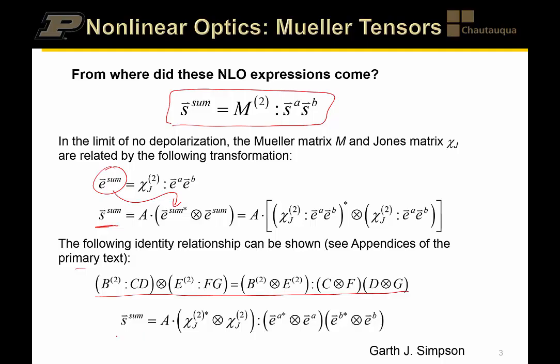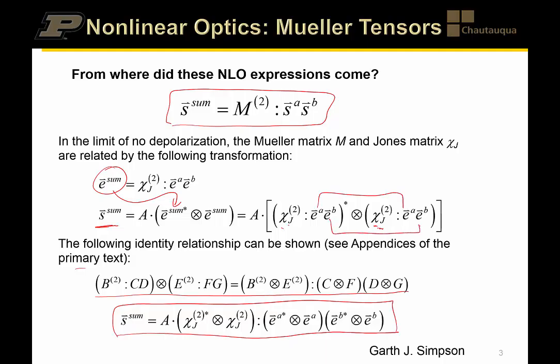It's almost easier to see in the specific example than in the general case, but using this identity relationship, we can pull these 2 tensor elements together, group these 2 and group those 2 as separate Kronecker products, and arrive at this expression for the sum frequency Stokes vector.